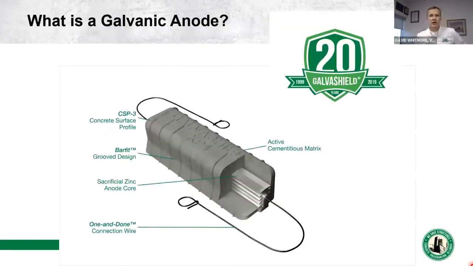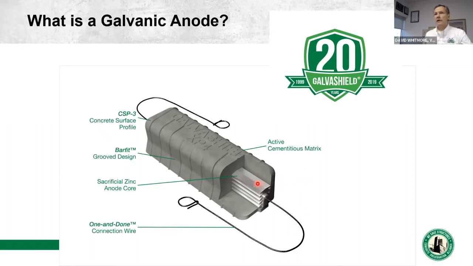So just to start at the beginning then, what is a galvanic anode? A galvanic anode basically consists of some type of galvanic core, usually zinc-based for anodes that are embedded within concrete. Some means to electrically connect the zinc to the steel, such as the tie wires illustrated here.